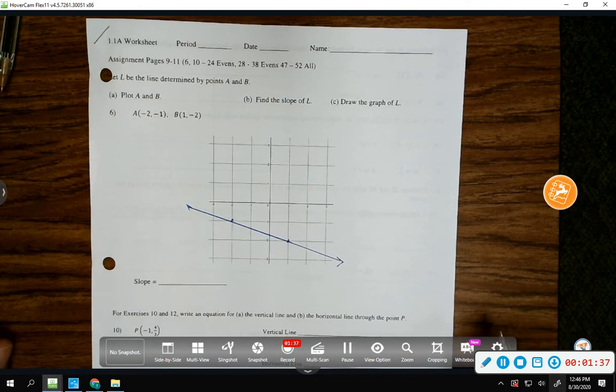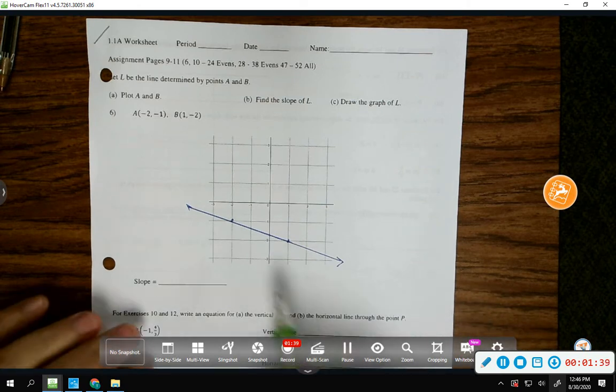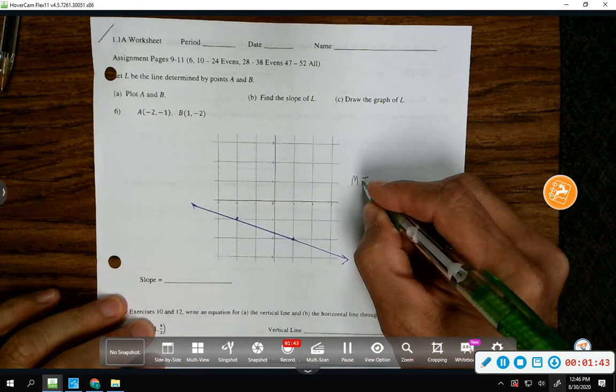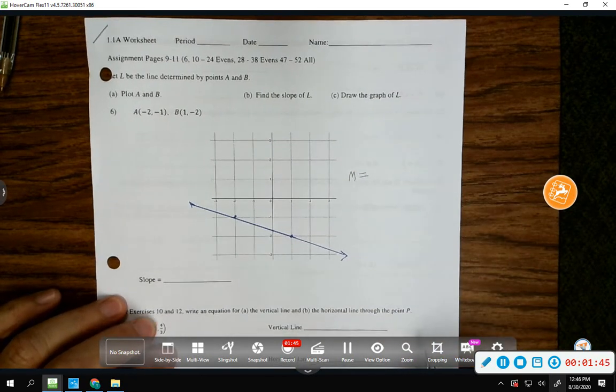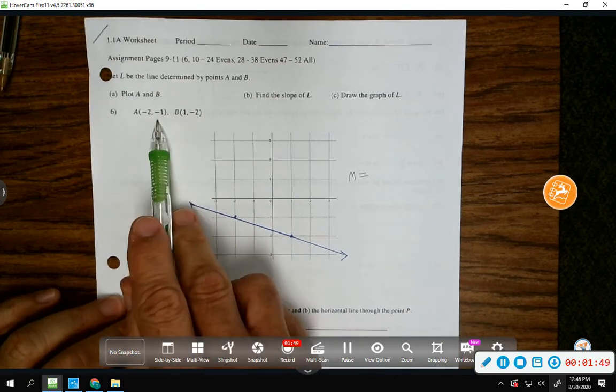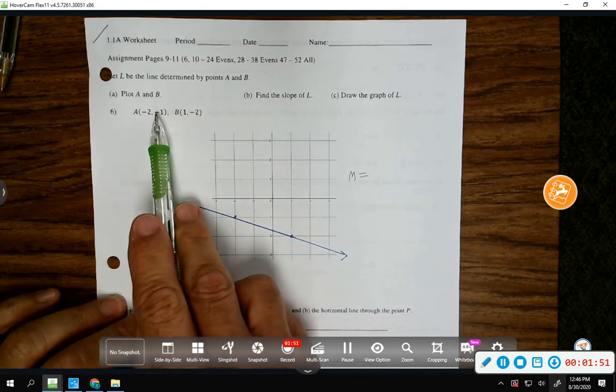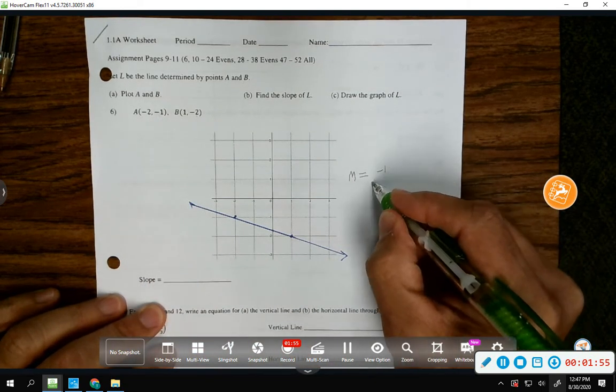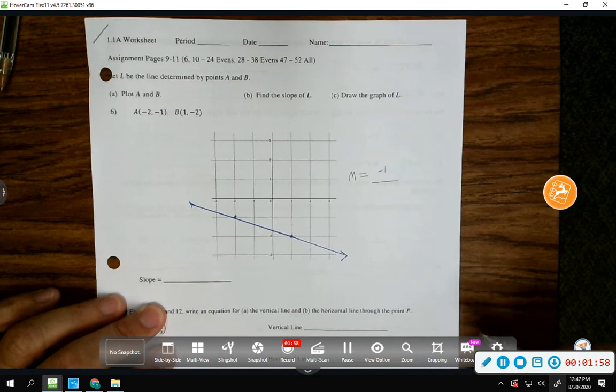It does want us to find the slope as well. You can find the slope by counting, but when you do that, I hope that you still are practicing subtract the y over subtract the x. So start with either point, doesn't matter. -2 minus -1 becomes -2 plus 1 or -1. I would just assume you do that in your head without writing it down, but if you have to write it down, that's fine.